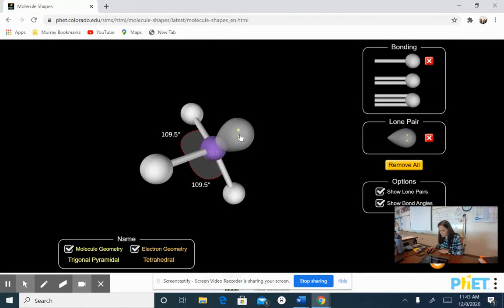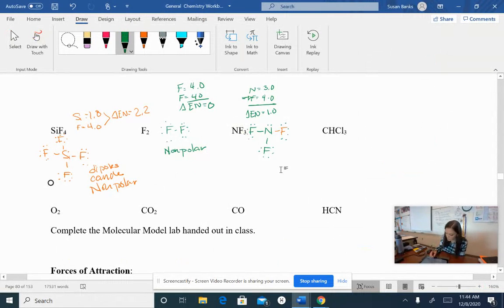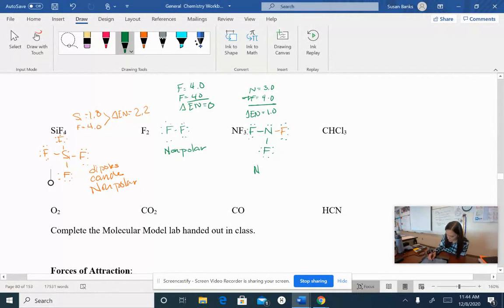And I also have this where this is negative as well. So if I have negatives all around the outside, do you think that's going to be polar? Not too much. That's not going to be super polar because I have negatives all the way around the outside. So those dipoles kind of cancel, especially with the lone pair. So not that polar. Not polar.